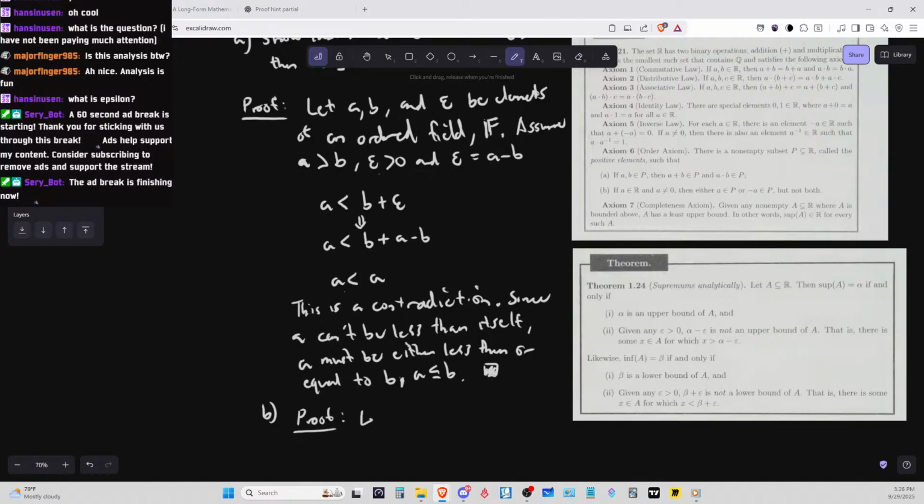Proof. Let A, B, and epsilon be elements of the field.